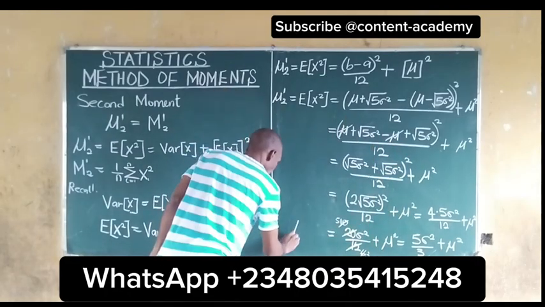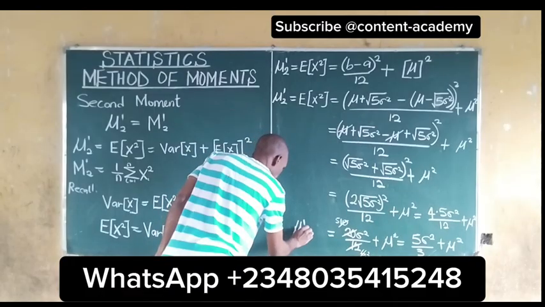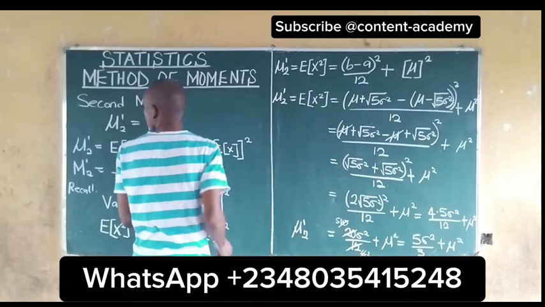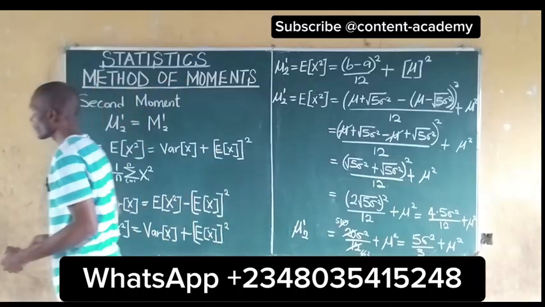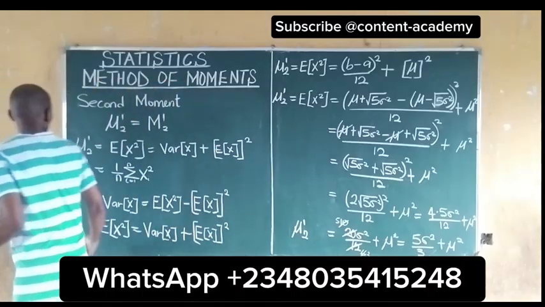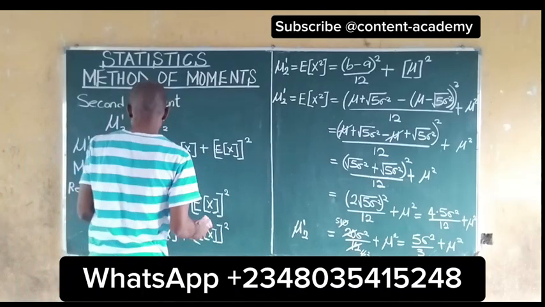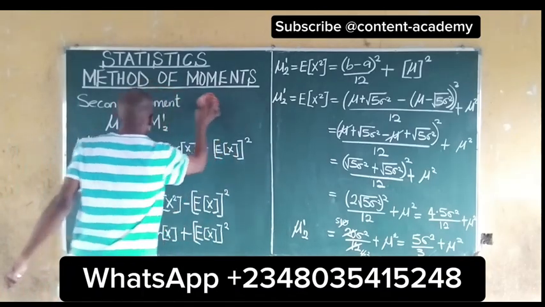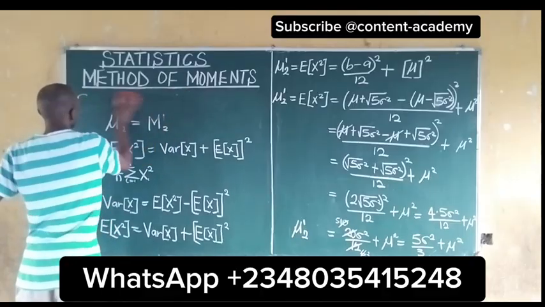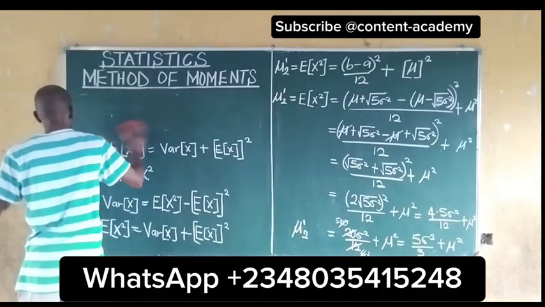So this becomes our second population mean. Move over to this side to obtain the sample mean.